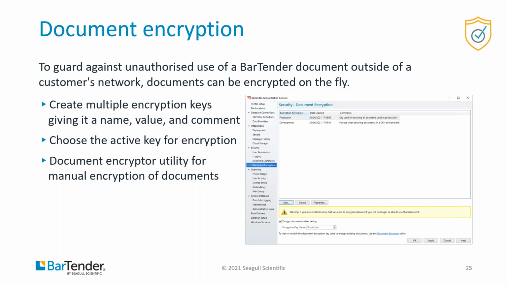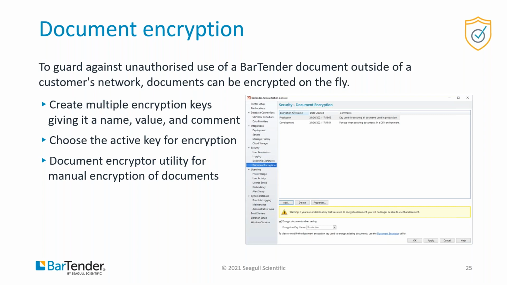So if you have a particular document design that has aspects of it that are difficult to reproduce, perhaps a customized check digit or something like this, then you can encrypt and secure that document.